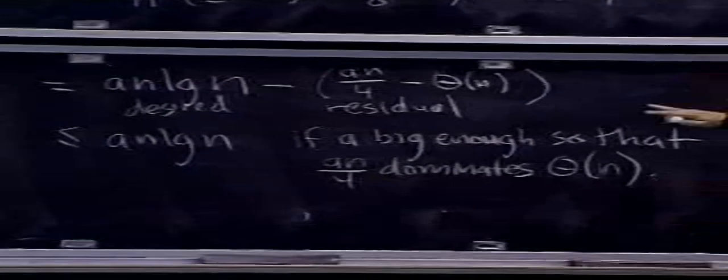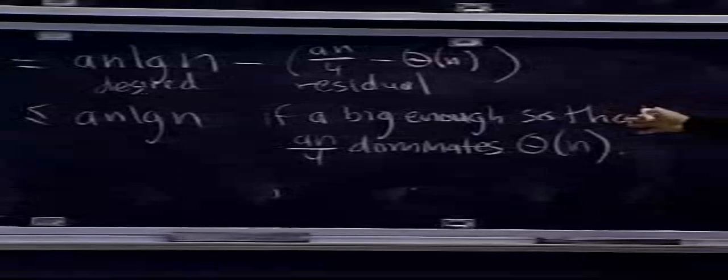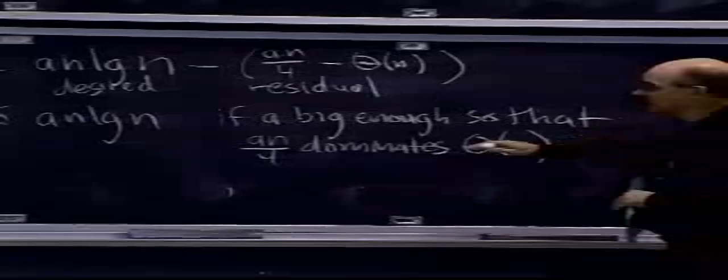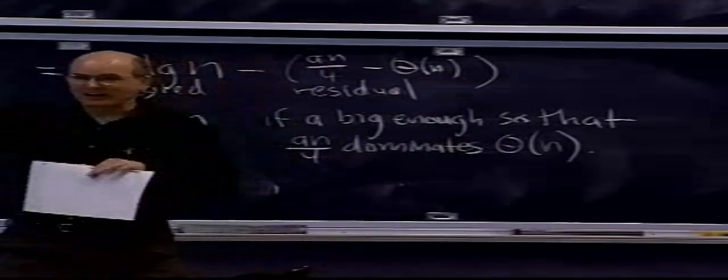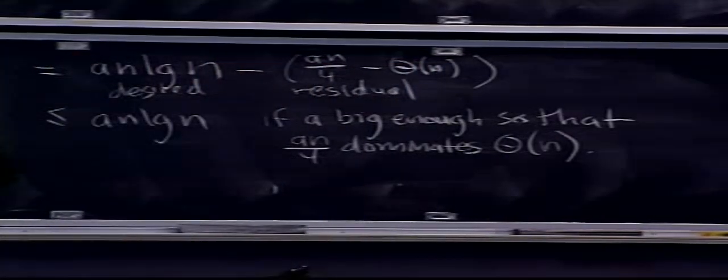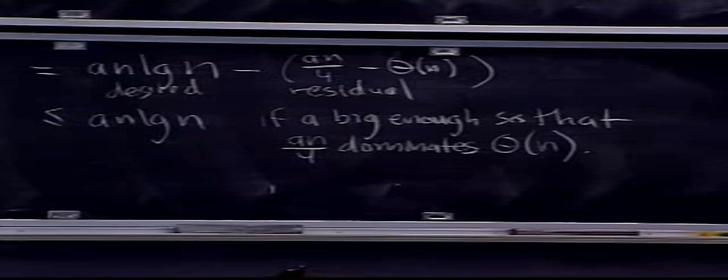So the running time, it turns out, on average, of randomized quicksort is n log n. And in fact, you can show that this not only is the expected running time, but with high probability, you're not likely to see a constant that gets very big either. But we're not going to show that here.